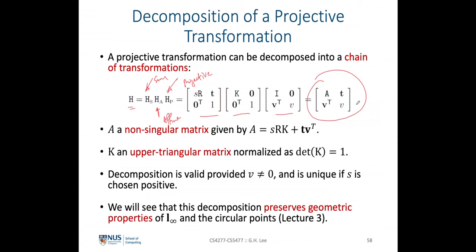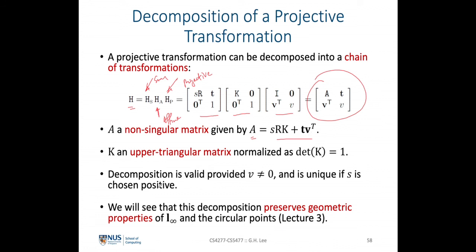in the previous slide. A here is a non-singular matrix, which can be further given by this particular expression over here, where S is the scale, R is the rotation matrix, and K is an upper triangular matrix, plus T is a translation vector, and V is a 3 by 1 vector over here.